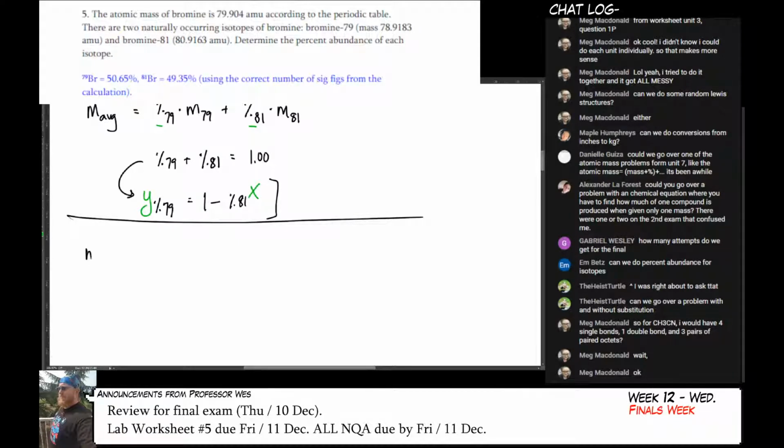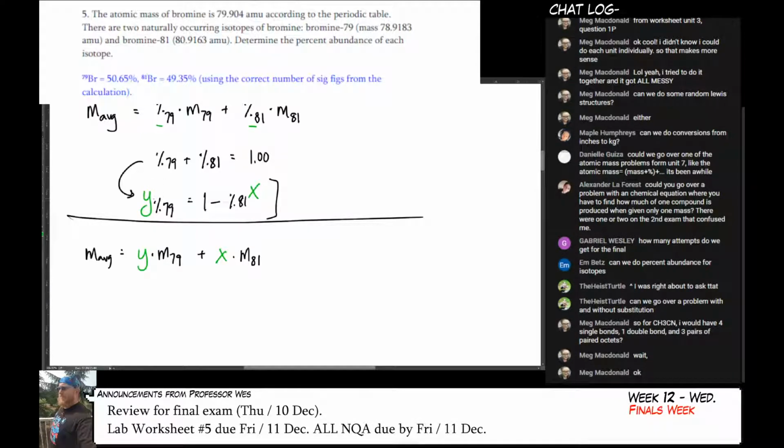So I have M average equals percent 79, which we called Y, times M79. And then percent 81, which we called X, mass 81.